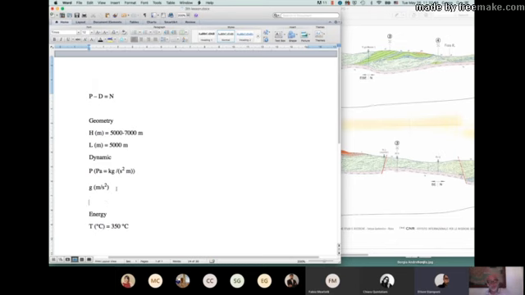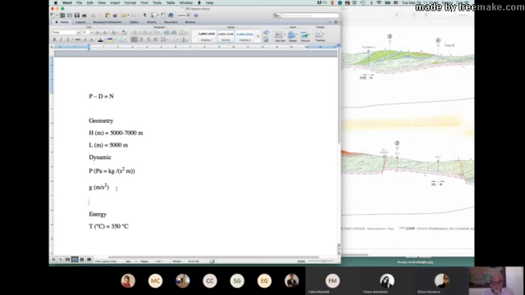Now, from the dynamic point of view, both pressure and gravity, particularly gravity, will need to act onto something, right? Onto a mass. To get a force, you don't just need the acceleration of gravity, but you also need to have a mass.